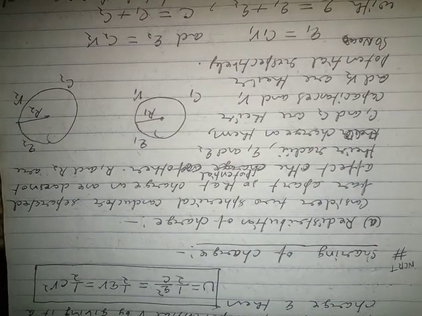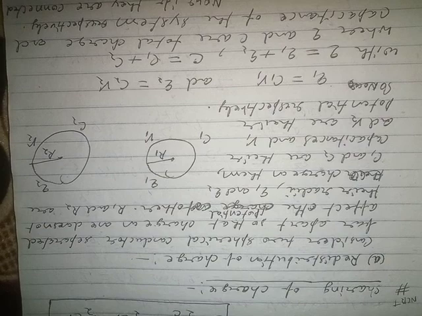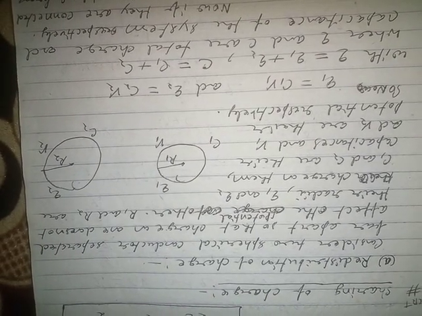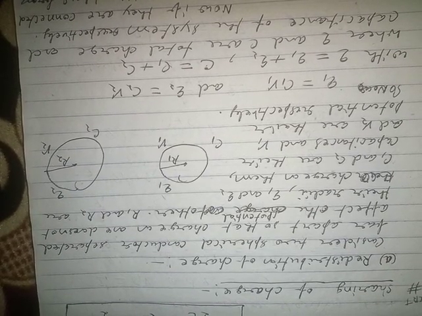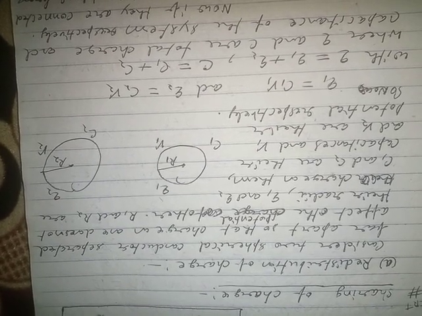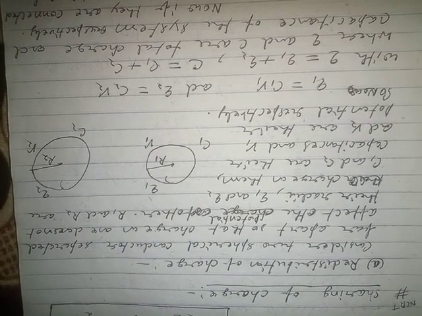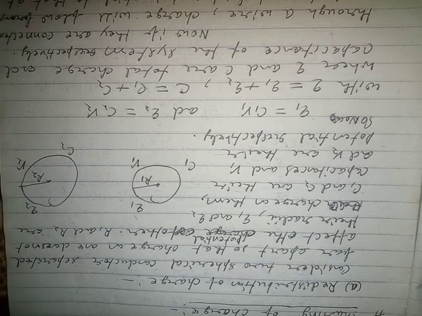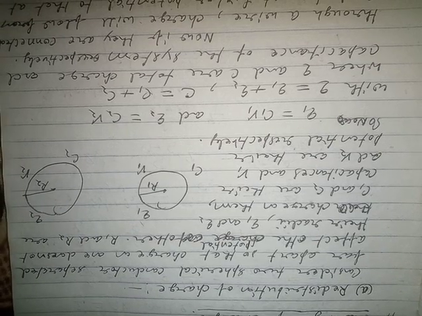NCERT: sharing of charge, a redistribution of charge. Consider two spherical conductors separated far apart so that charge on one does not affect the potential of the other. R1 and R2 are their radii, Q1 and Q2 are the charges on them, C1 and C2 are their capacitances, and V1 and V2 are their potentials respectively.